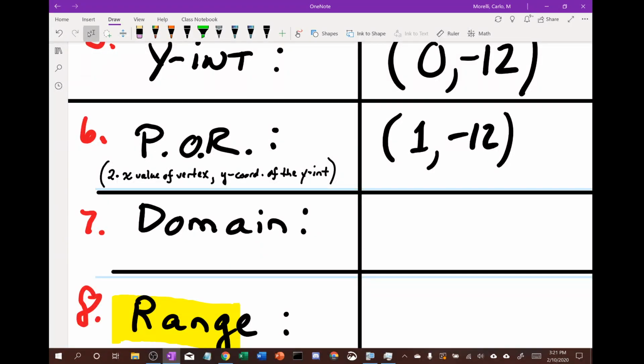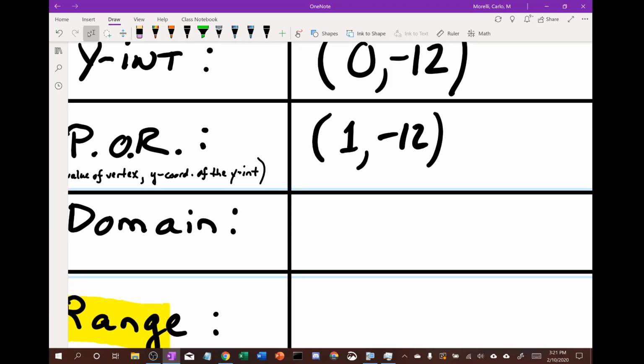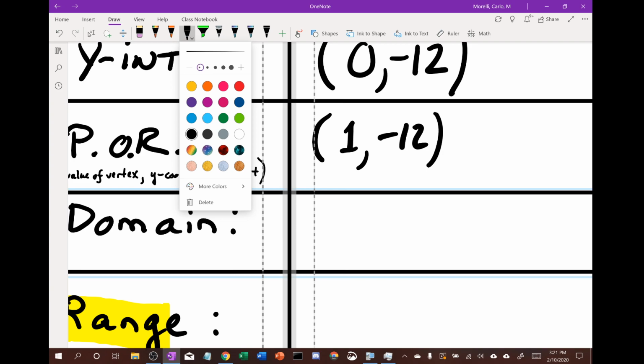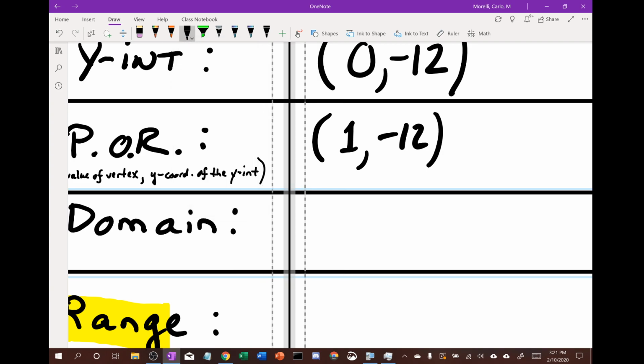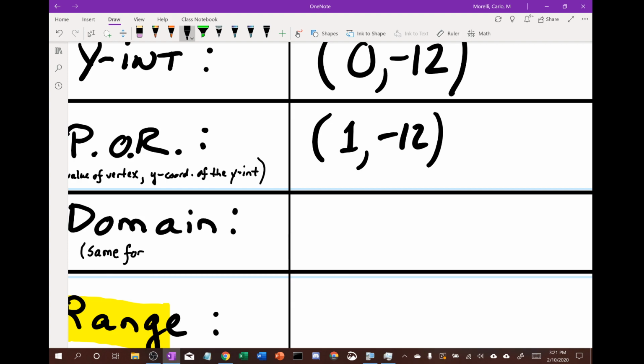Okay, now domain. Domain is the same for all quadratic equations. Okay, so we should probably note that. And I'm going to tell you what it is, and then it's going to be your responsibility to remember this forever. It's easy.